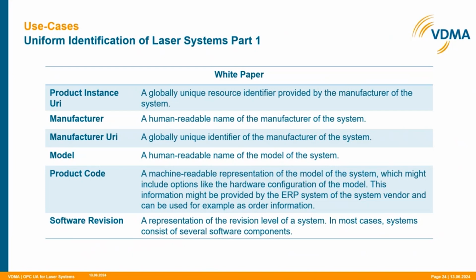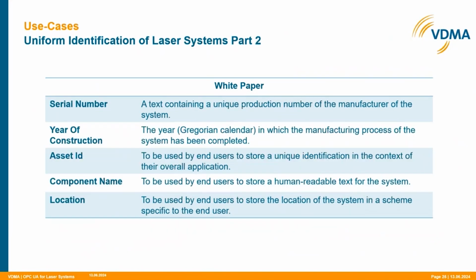So it's the production instance URI. A URI is a unified resource identifier. The parameters also include manufacturer, the manufacturer URI, the model, the production code, and the software revision, as well as the serial number, the year of construction, the asset ID, the component name, and the location.